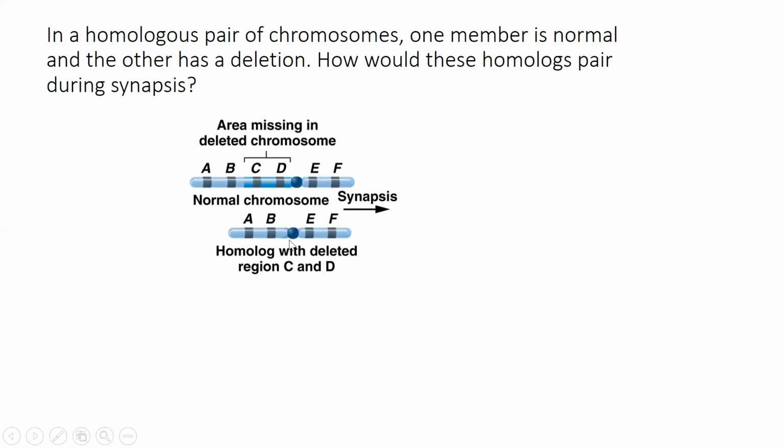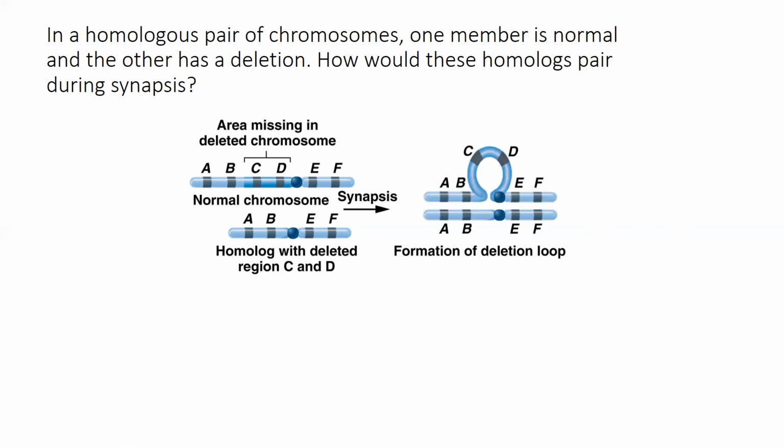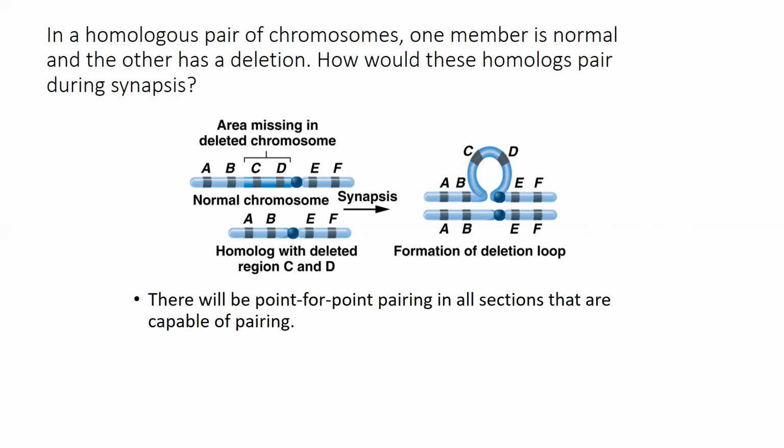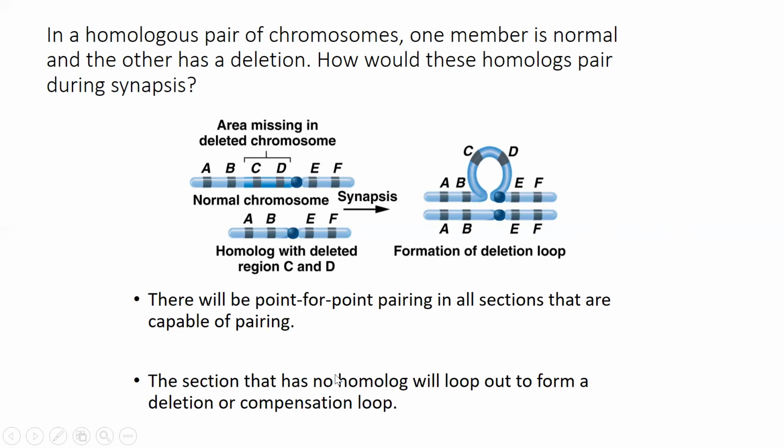So what happens is that whichever sections can pair up do so, and the remaining section that has no homolog will loop out like this to form a deletion or compensation loop. This part will loop out and try to pair up with its homologous bands itself. Okay.